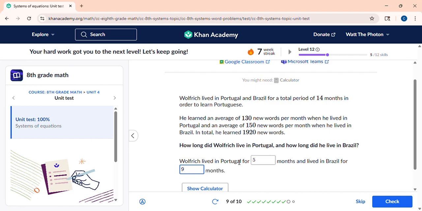Yeah. So 5 is the 150. So 5 times 150 is 750, and then 9 times 130 is 1170, and 1170 plus 750 is 1920.